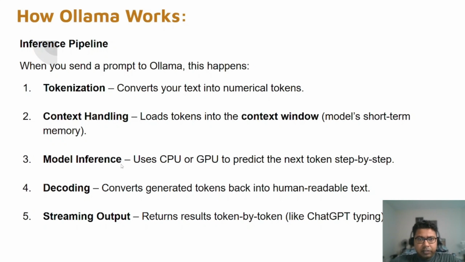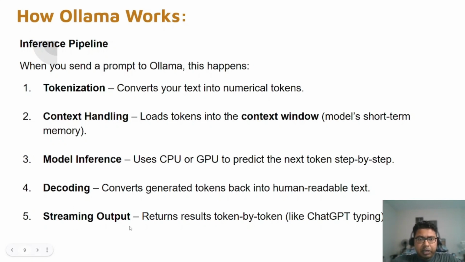Then model inference: it uses the CPU or GPU to predict the next token step by step. Basically this is the LLM, a model that runs on the CPU or GPU of our computer. Then decoding: when we get the tokens back, it changes the tokens back to human-readable text.